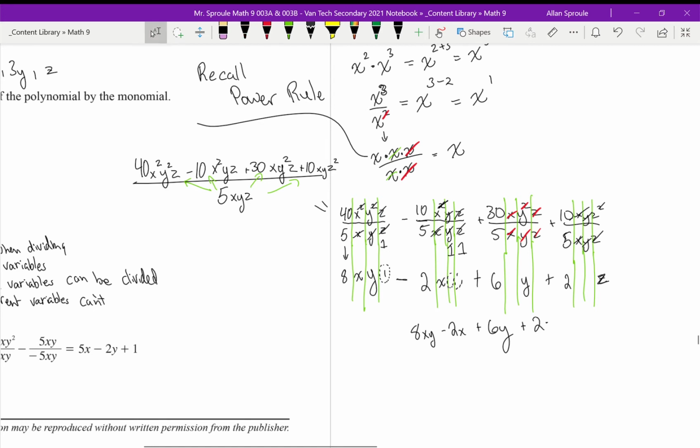Now, one of the things, if this top part is already simplified, you should be good down here. Notice how this is also simplified. I don't have to collect any like terms. They're all different, so I'm okay.